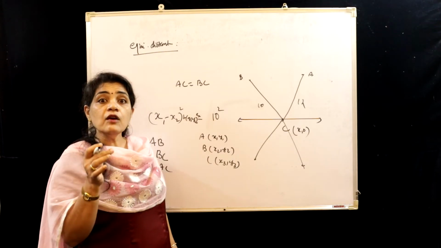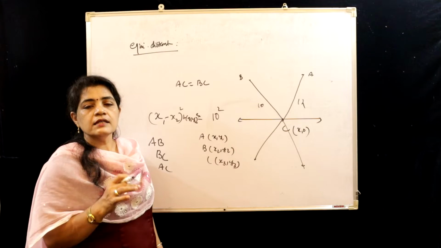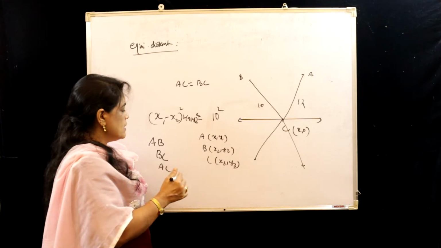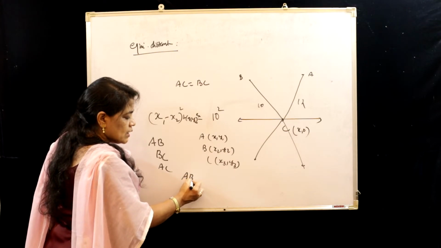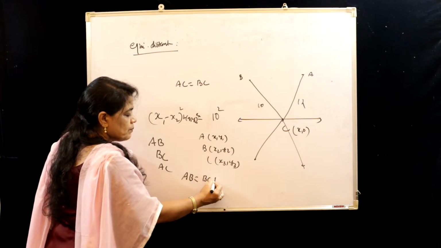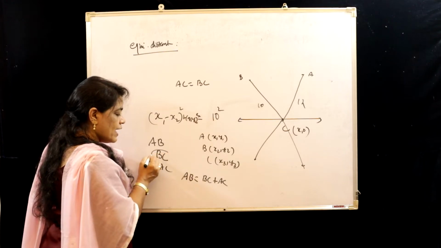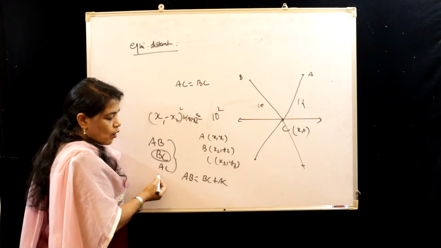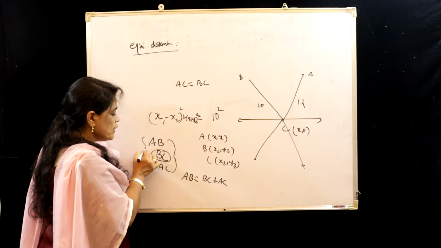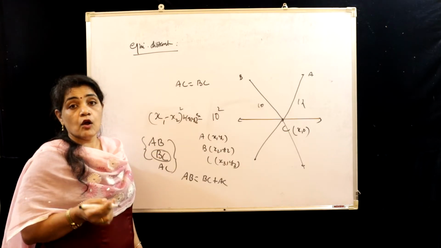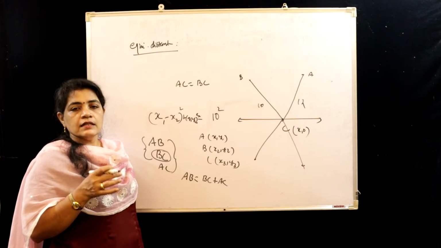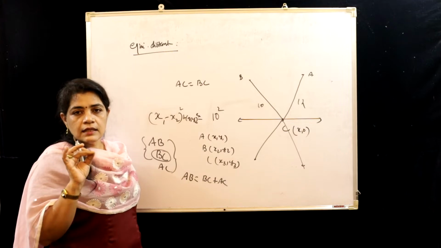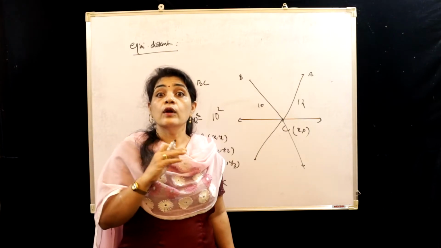If any one side is equal to the sum of the other two sides, that means if AB equals BC plus AC, or BC equals AB plus AC, or AC equals AB plus BC, the longest side being equal to the sum of the other two sides, you can say that these 3 points are collinear.